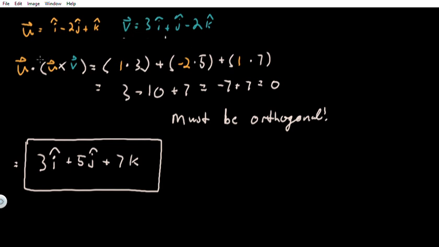Now if we instead take the dot product with vector v, that would be, I'm going to do this really fast, 9 plus 5, which is 14, minus 2 times 7, which is 14. 14 minus 14 is 0. So we get a dot product of 0 when we take the dot product of u cross v with u and with v. Once again, this shouldn't be that surprising because we showed this in the last video, but it's a pretty neat way to check your answer each time you take a cross product. Just dot it with the vectors that you crossed to obtain that vector.